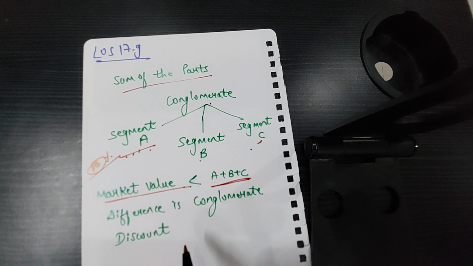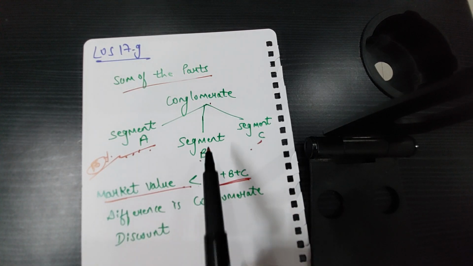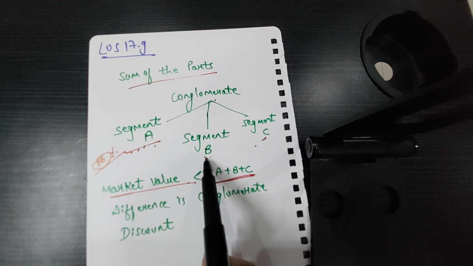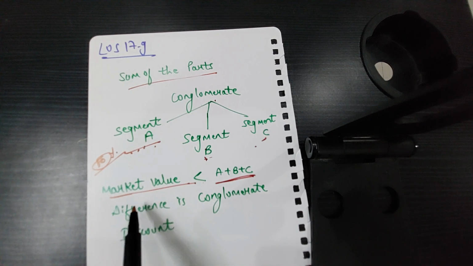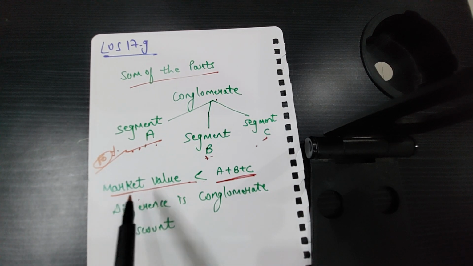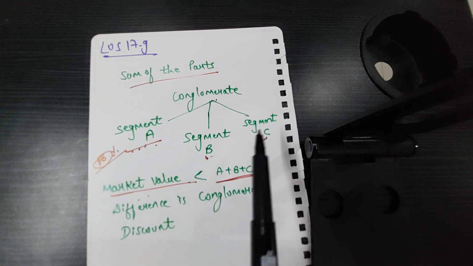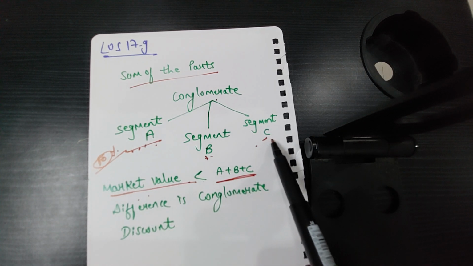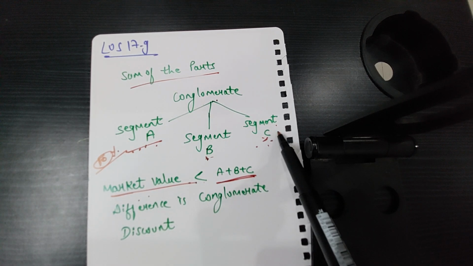Now why is there a conglomerate discount? Because an investor might want to invest in just one particular segment because that segment is booming, but instead they have to invest in the whole company. Therefore there is a discount. Also, there is capital inefficiency: a company is investing more capital in a particular segment that is not growing much and not giving much profit.